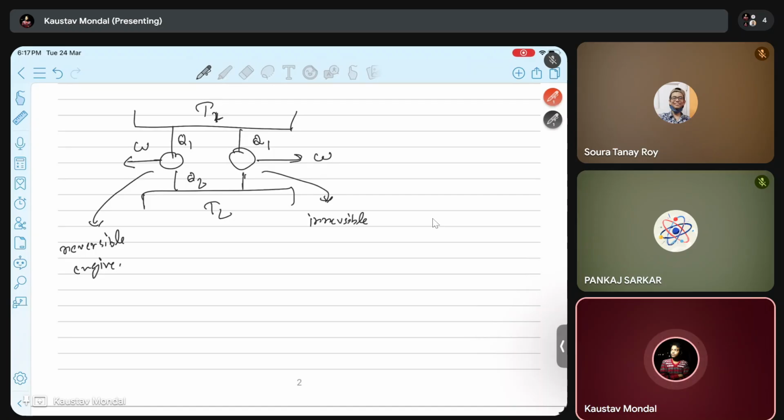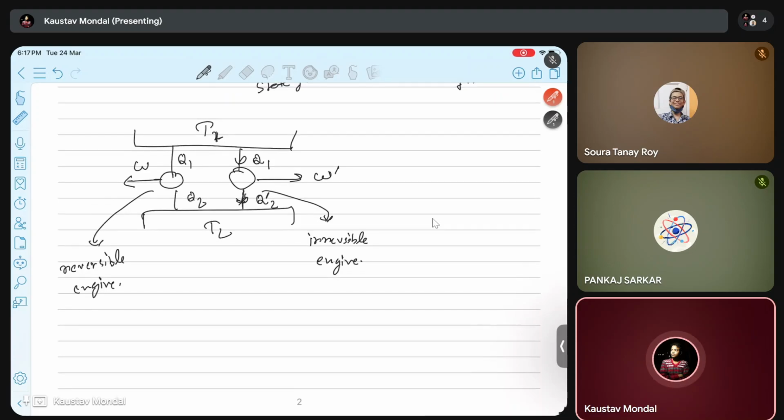Any real engine in our regular daily life is basically an irreversible engine. No engine can be reversible, right? In that case, let's suppose the work done is W prime and the heat going to the cold reservoir is Q2 prime.